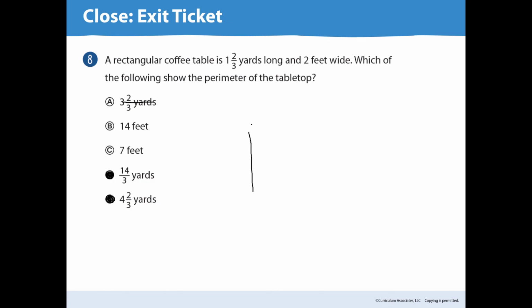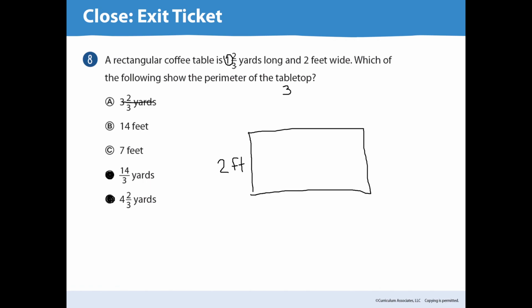So I'm going to draw my tabletop again. And this time we're going to convert to feet. So this side is 2 feet. And we just need to convert the 1 2/3 yards to feet. So 1 yard is 3 feet.